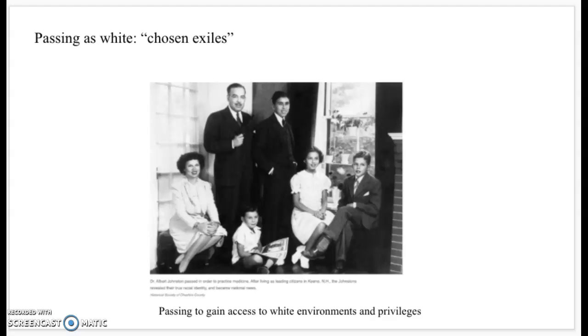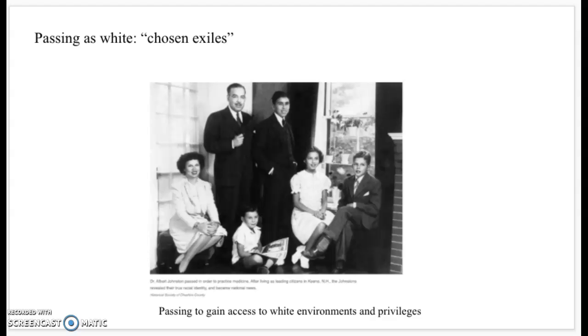You see African Americans identifying as white and passing, meaning they're living in white communities and not saying anything about their identity, and people just assume that they're white because they check all the boxes. So if you look at this is Dr. Albert Johnson and the Johnson family, and they were living in Keene, New Hampshire.